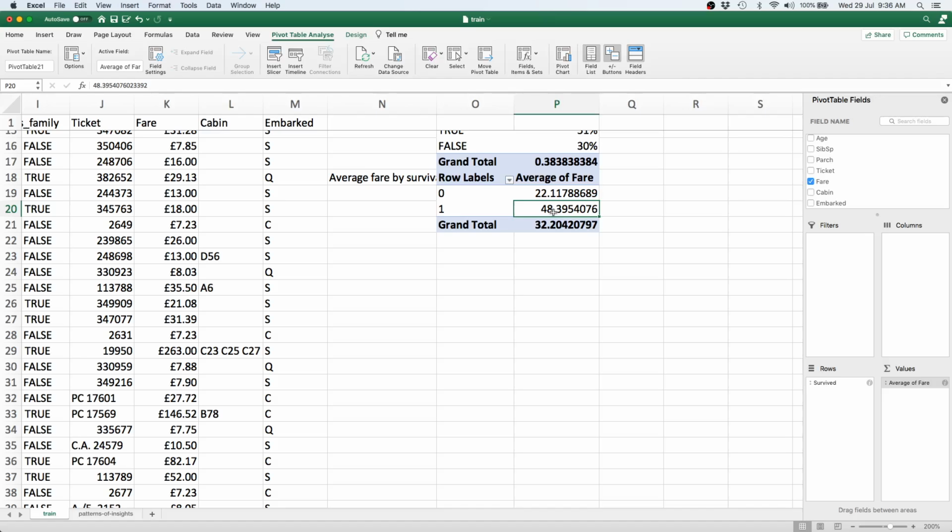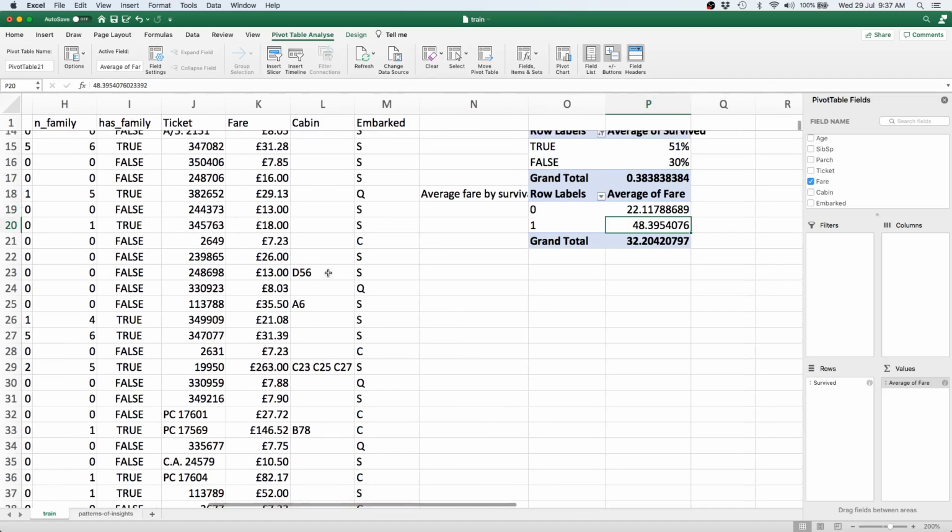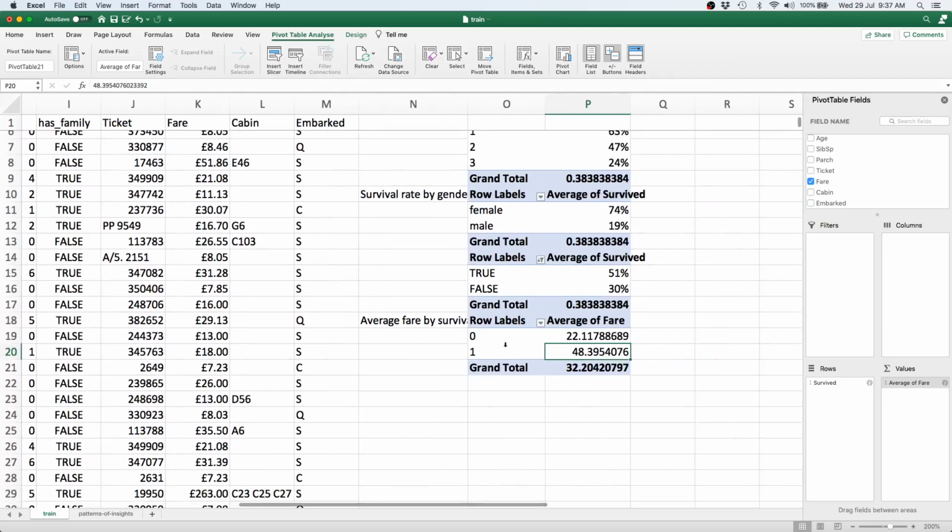Clearly the people who survived were paying more than twice the amount on average of people who did not survive. This is also a very stark contrast and somewhat surprising result, because you would not expect to find any correlation between what fare people are paying versus whether they survived or not. But anyway, that's what the data tells us. So let's continue.